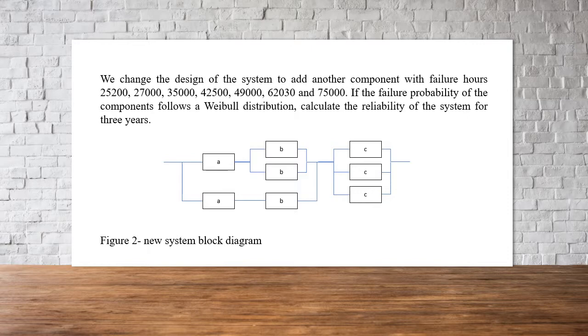So if you want to calculate the reliability of the whole system, we need to calculate the reliability of the component C. And we know that it follows a Weibull distribution. So we need to use the Weibull distribution parameter estimation. There are lots of different ways to estimate the Weibull parameters, and one of them is the Weibull paper that we will work with during this class.